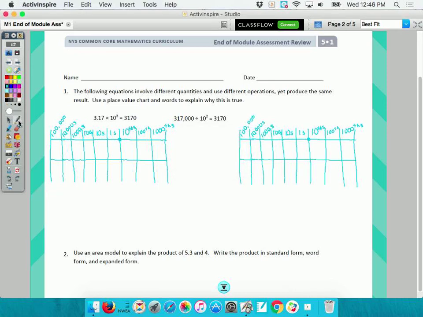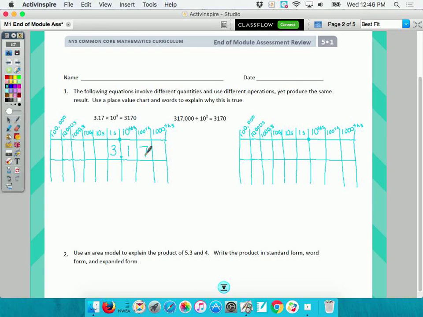So now that you have both your place value charts on there, let's show what we just said, that when you multiply, the number increases and the digits move to the left. So start by putting 3 17/100 on the place value chart. And the first problem says to multiply times 10 to the third.